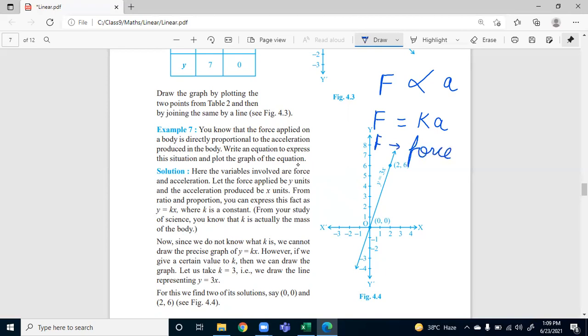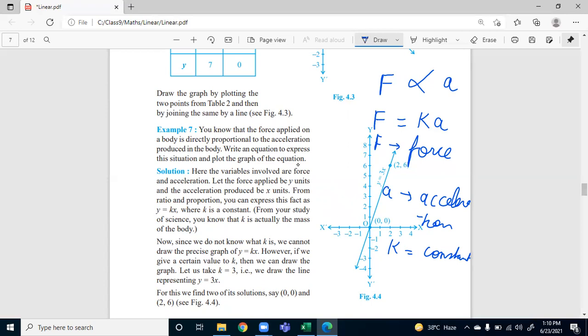I have taken the variable for force as F, A is the variable for acceleration, and K is some constant. I have removed the proportionality sign, and in place of that sign I have substituted K. So now we do have a mathematical equation.